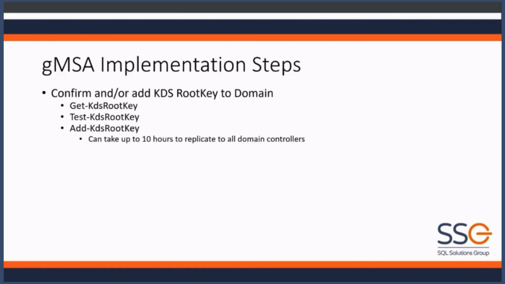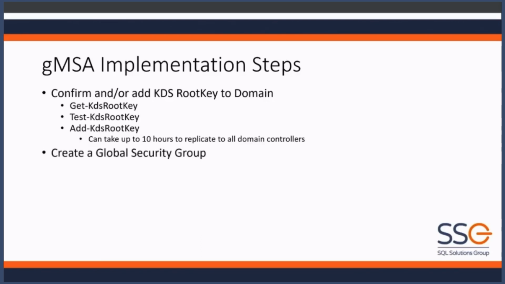In fact, in preparing this demo, I found that even with just a single domain controller, if you create the KDS root key, you can't use it for 10 hours. I have a little bit of a hack so that we can do this within the context of the demo, but just be aware of that. So if you're going to implement GMSAs, the very first prerequisite is to get your Active Directory team to create the KDS root key well ahead of time.